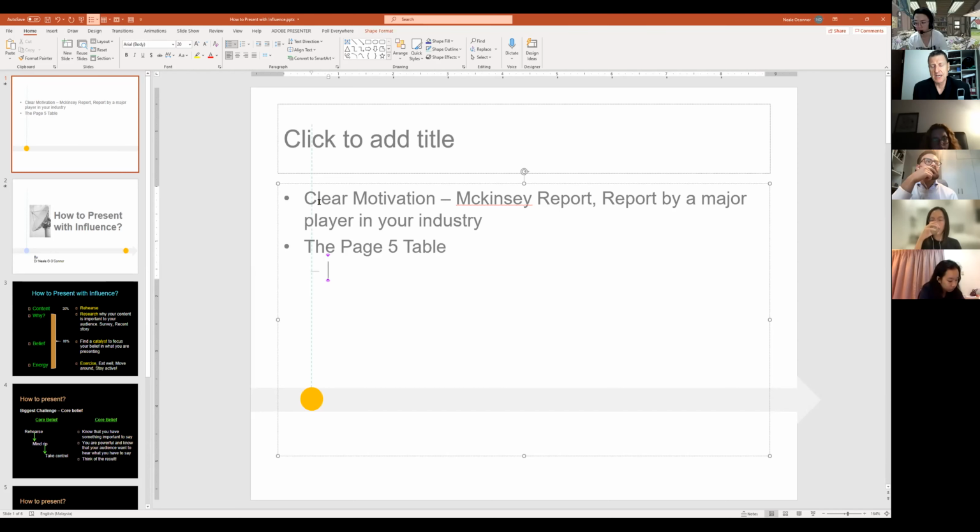The page 5 table lays out the comparisons that you are making, whether you're comparing countries, companies, regions, or something on different characteristics, which are the rows. That is kind of the core of your project.